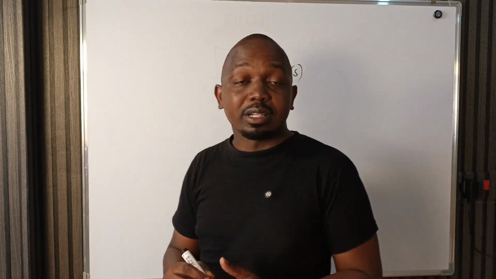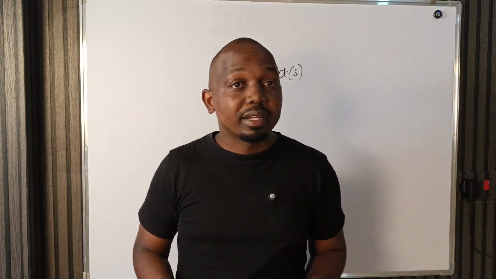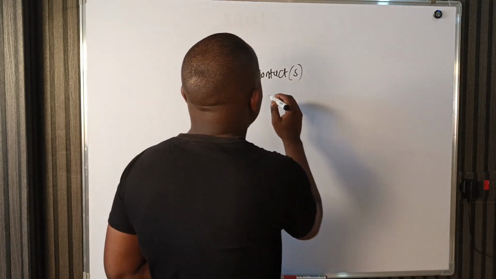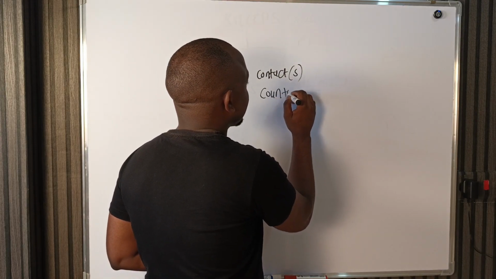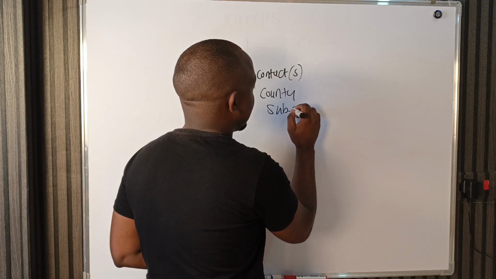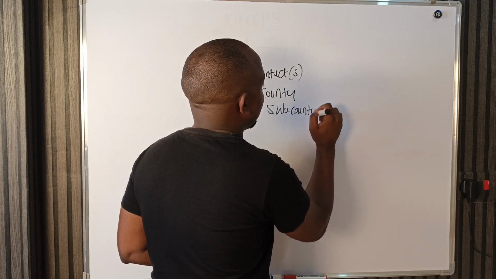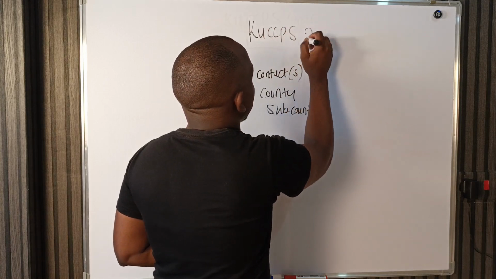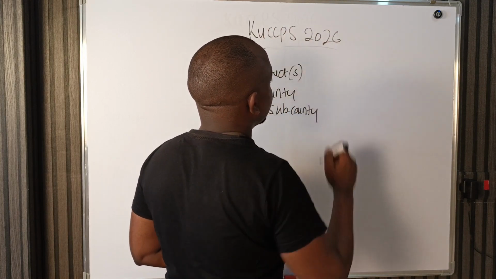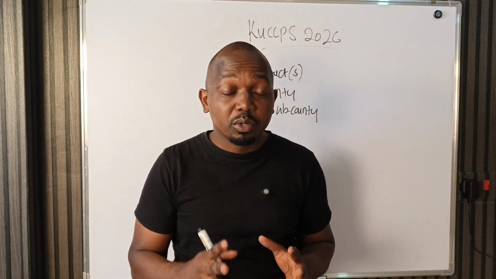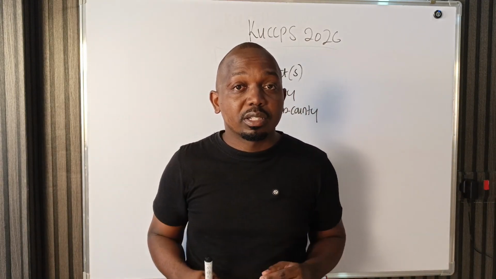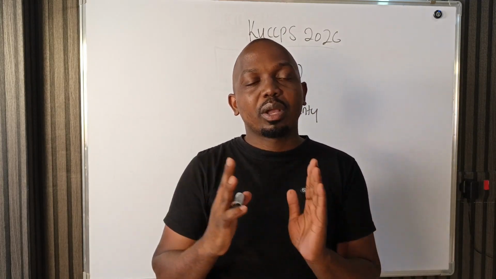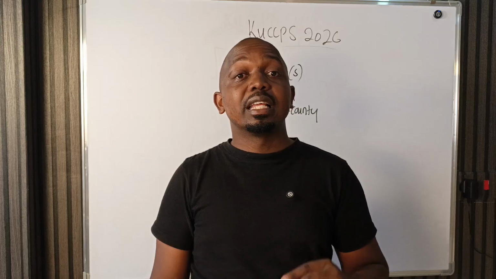You will also have to fill in the county you're in and the sub-county. Those are the most important things to fill in on the contact details, because when you're trying to make the application, you can't move forward if you haven't filled in those details.